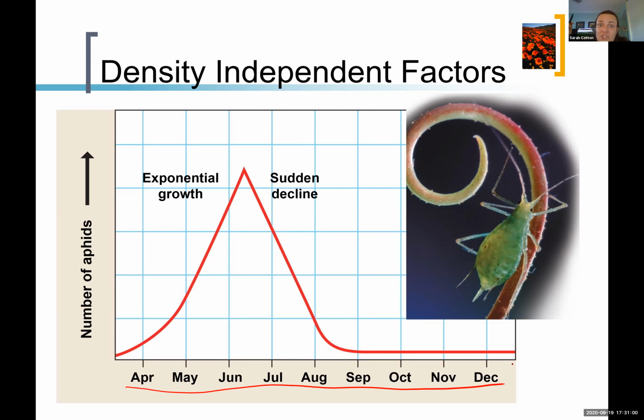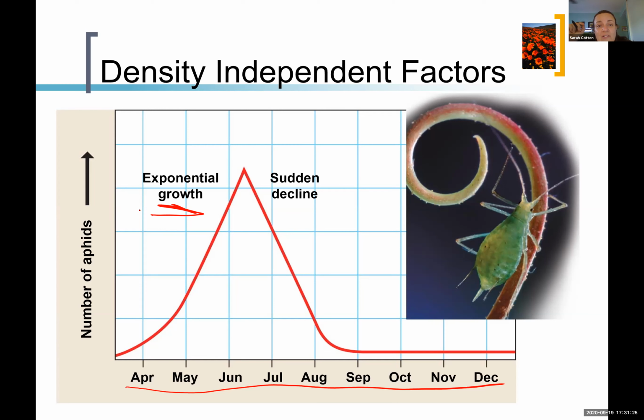The aphid population starts to grow exponentially, right? And the reason that it's growing exponentially is because as those plants are growing, it is seemingly an unlimited supply of food. The weather is great, there's plenty of food, life is good for an aphid, right? So exponential growth, exponential growth, exponential growth.